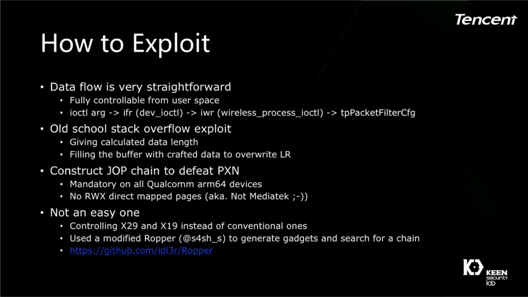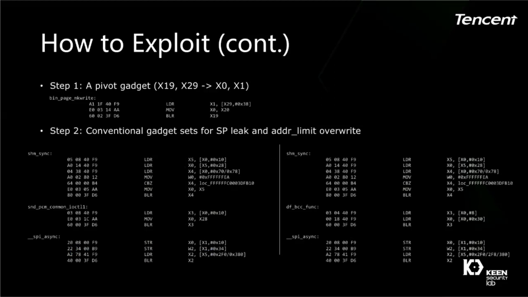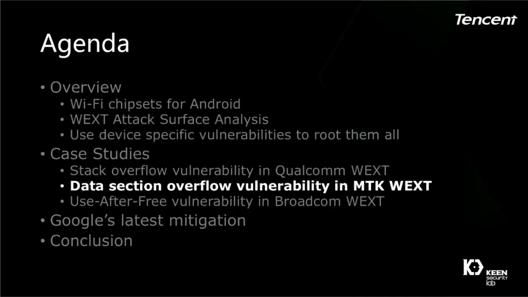I made some modification to find a pivot gadget first to transfer the X19 and X29 control to X0 and X1. Then there are 2 conventional gadget chains, which we can use to leak the stack pointer and eventually override a DDI limit, so we can gain kernel read and write after that.